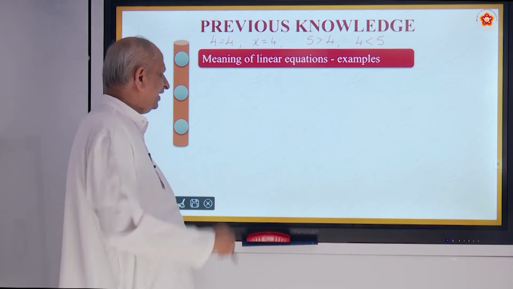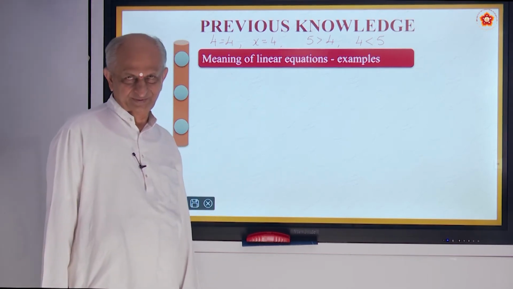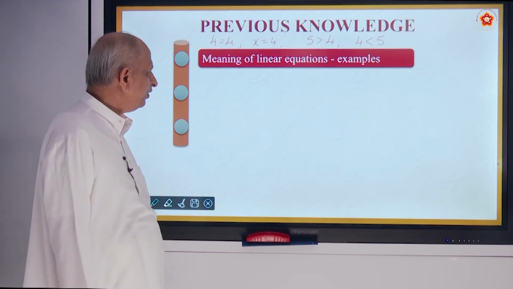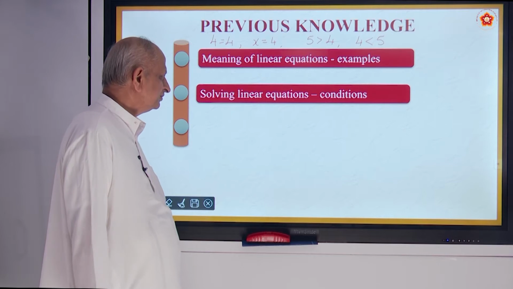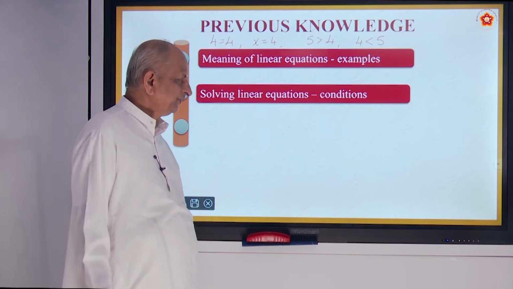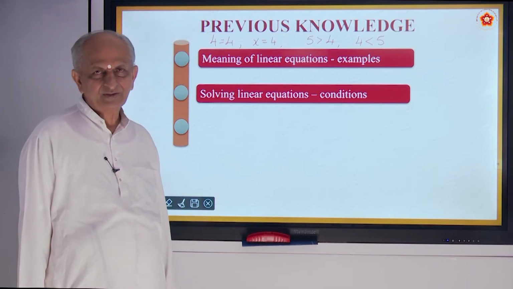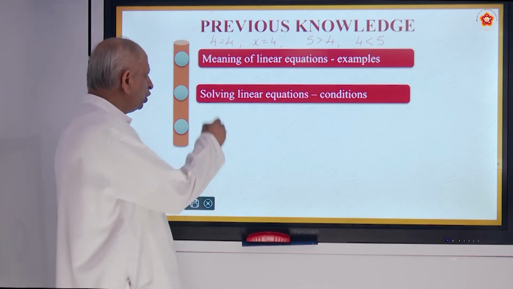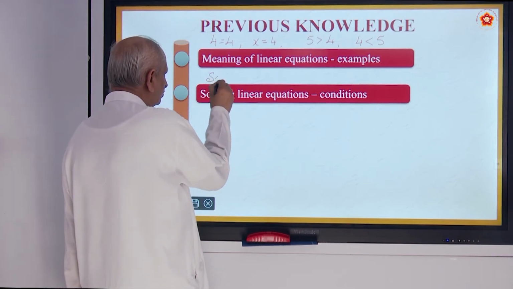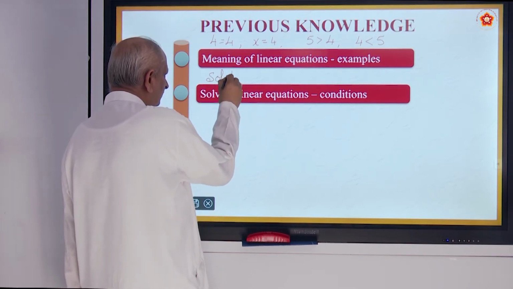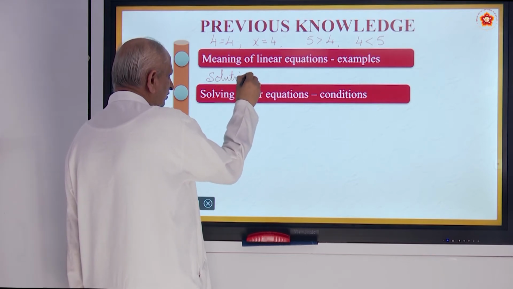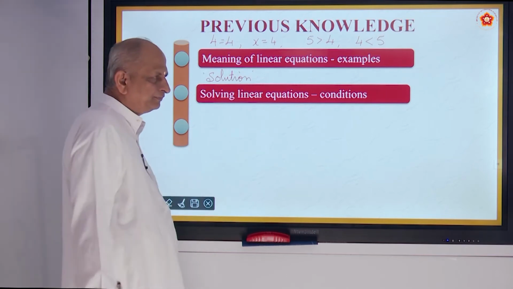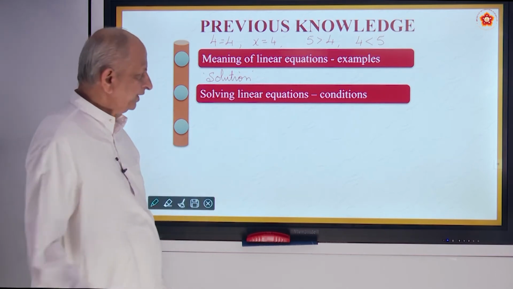So, in our daily life we come across these equations to solve some problems, is it not? And yesterday also we have seen some equations and we have found the solution. So, solving an equation means what? Finding the value of the unknown.